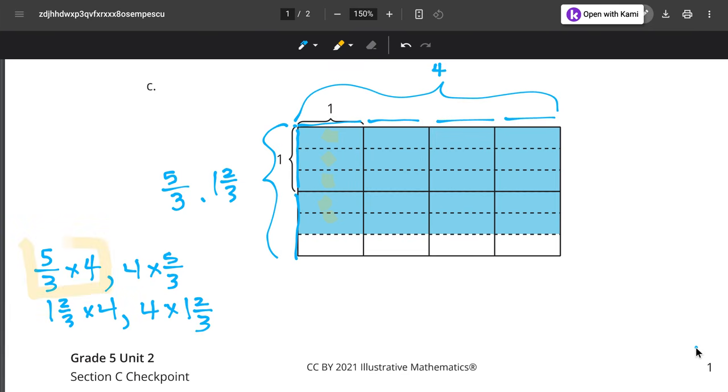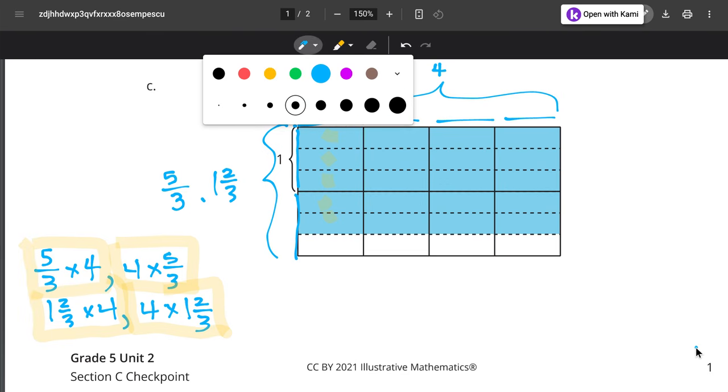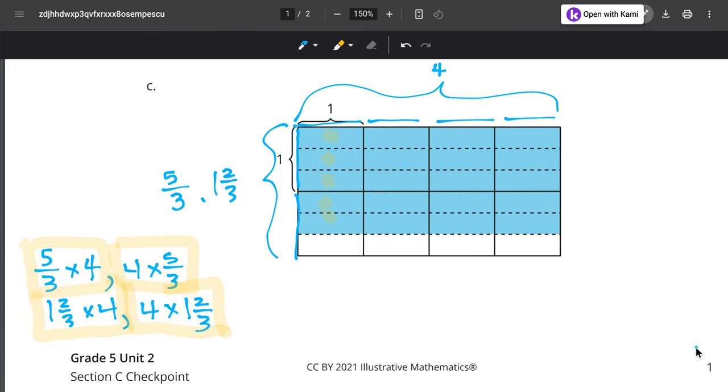Once again, you should see your answer reflected in one of those, but you don't have to record all of those, right? But you should see your answer in one of those. Now we actually need to go in and give our area. Where do we see the area here? Well, let's start with thinking about how many wholes we have.